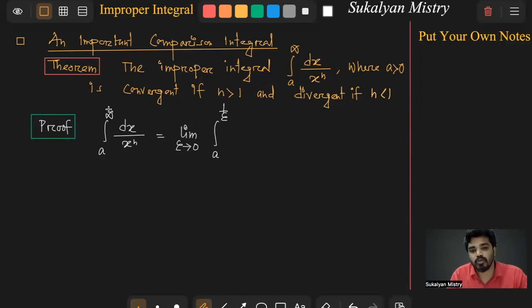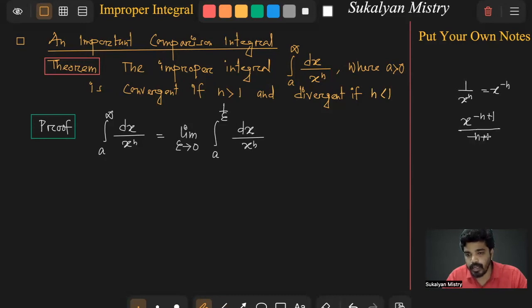So ultimately a to infinity হয়ে গেছে। ঠিক, dx by x to the power n. ওকে, দেখো x to the power n এটাকে আমরা 1 by x to the power n. So 1 by x to the power n, that means x to the power minus n. So x to the power minus n কে ইন্টিগ্রেশন করলে তুমি কি পাবে? x to the power minus n plus 1 divided by minus n plus 1.